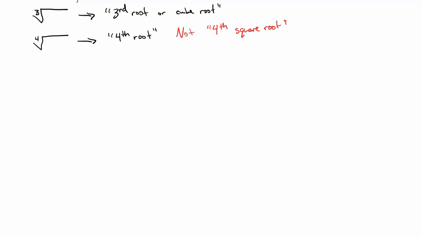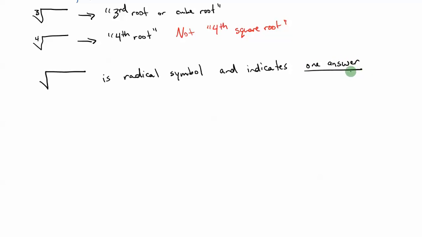So we've already said it. This thing is the radical symbol. And what it means, we'll look at it shortly. In another video, I discussed roots. So this does mean roots, but what it indicates is it's going to give one answer, not two.